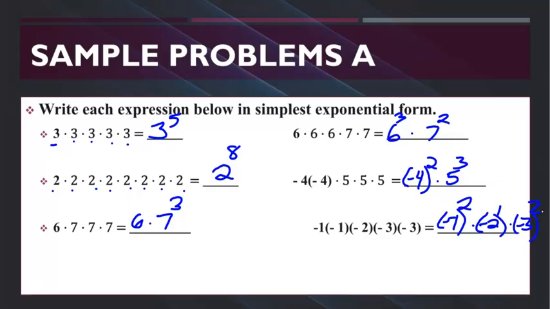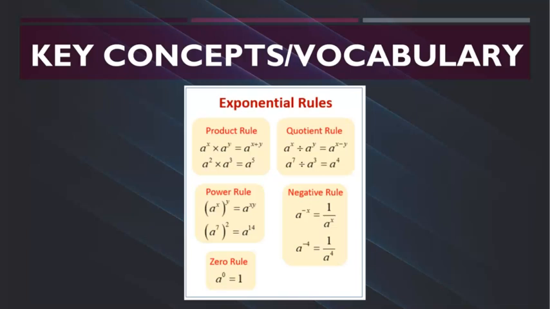Now, what about some of the laws of exponents? A couple of the laws of exponents we're going to be looking at today are the product rule and the quotient rule. The product rule of exponents says if you multiply 2 like bases, you add the exponents.